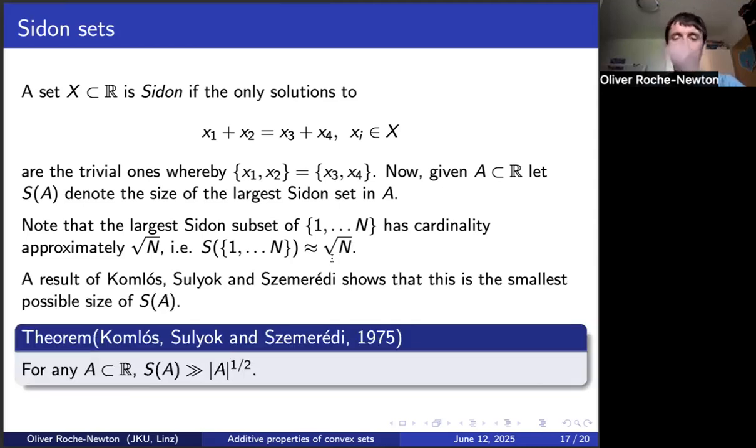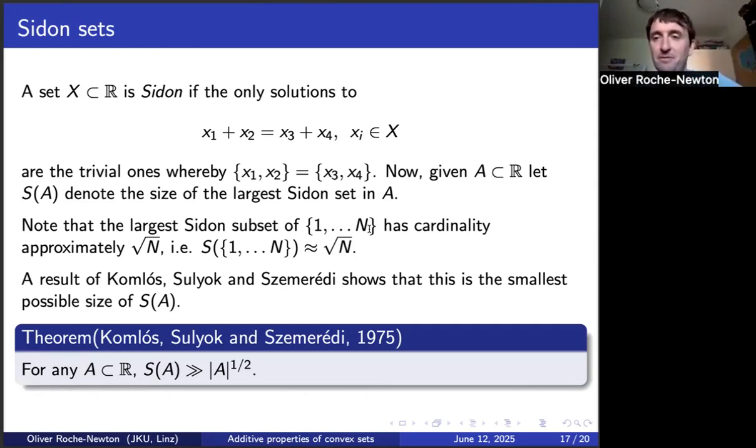So this is a really nice and very general result of Komlós, Sulyok, and Szemerédi, which says much more than I'm telling you here. But in particular, it implies that this interval basically minimizes this quantity. That feels right.